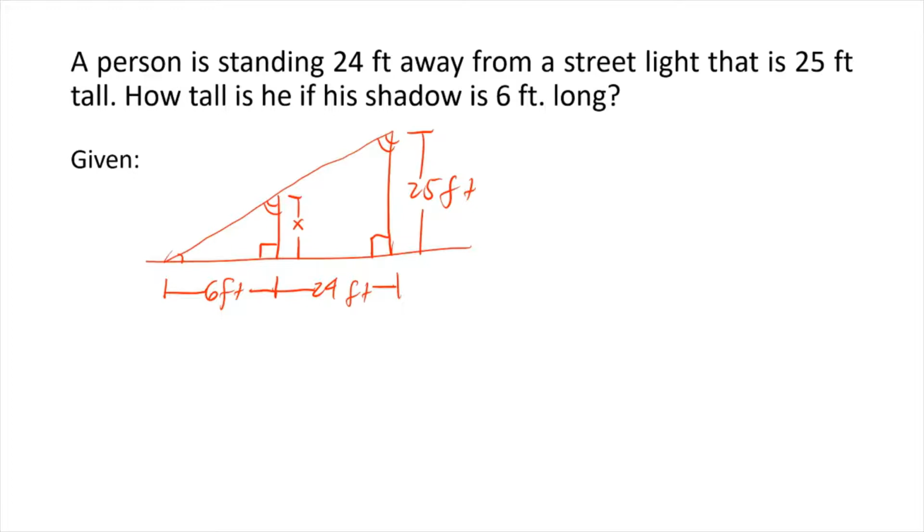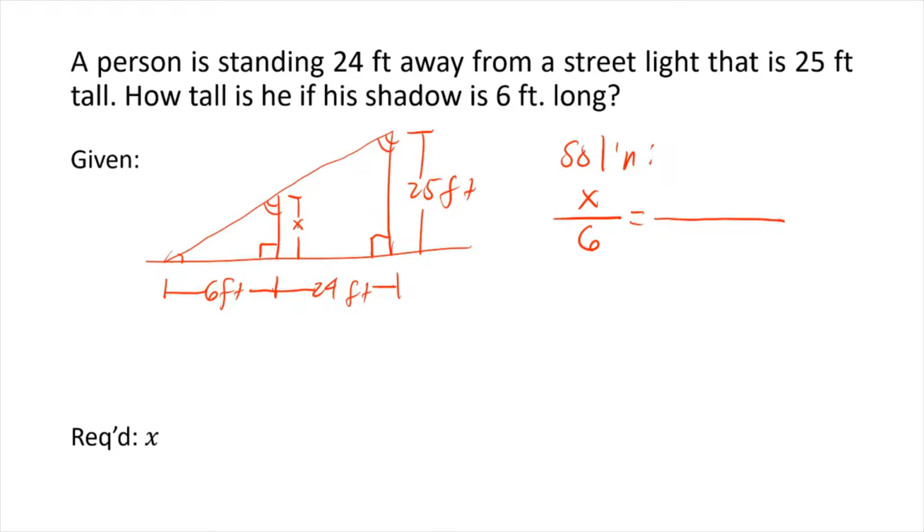We are asked to find the height of the person, so that would be x. To solve for x, we can take the ratio between x and this side, the base of the smaller right triangle, which is measured as 6 feet, and equate this ratio to the ratio between the corresponding sides on the larger right triangle.